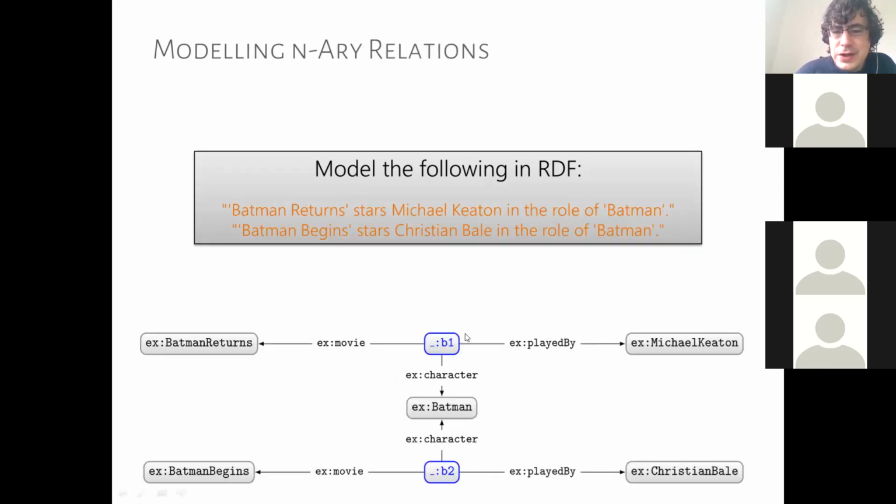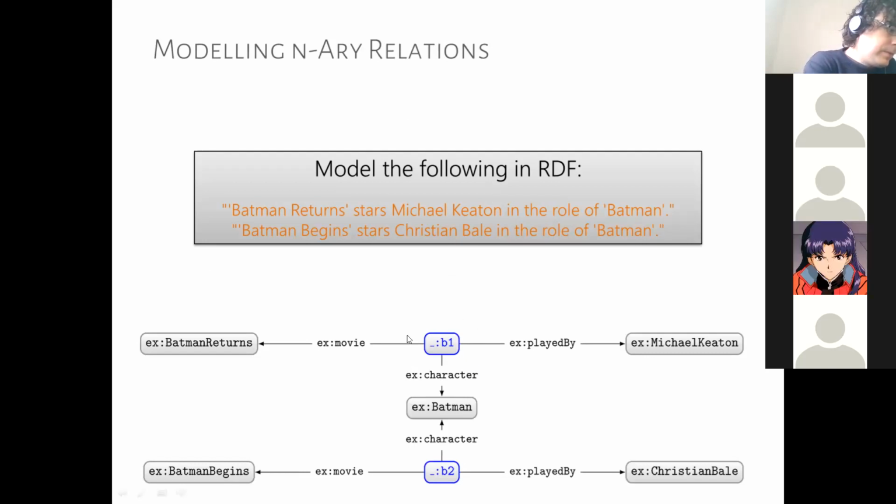Oh, sorry, any question here or doubt about this? How does this relate with the ternary, no, the triple? How is this a triple? Right, so every edge we see here would be a triple. So B1, movie Batman Returns, would be one triple.